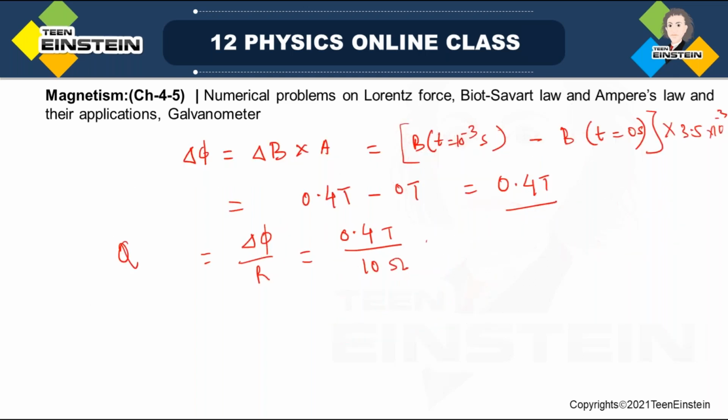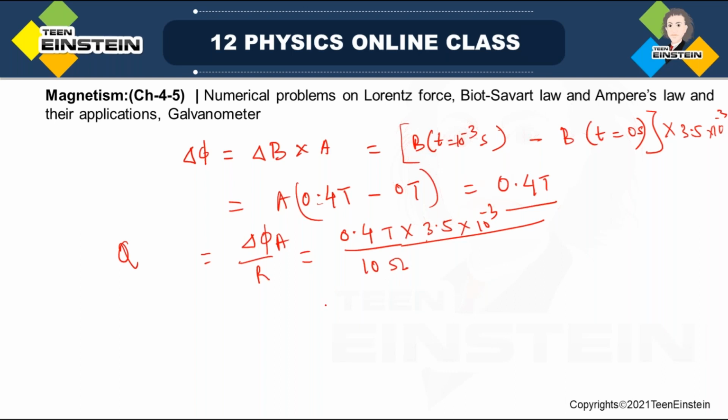Let us see how it is. There was A also over here. This I have not multiplied, so we'll multiply A also: d phi into A by R. A is actually 3.5 into 10 to the power minus 3 meter square.